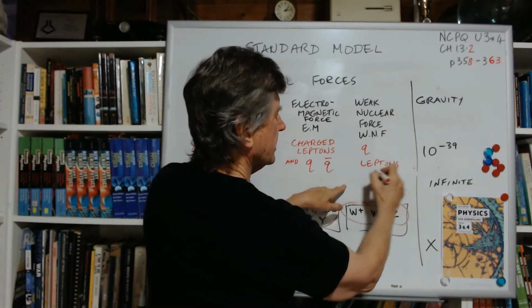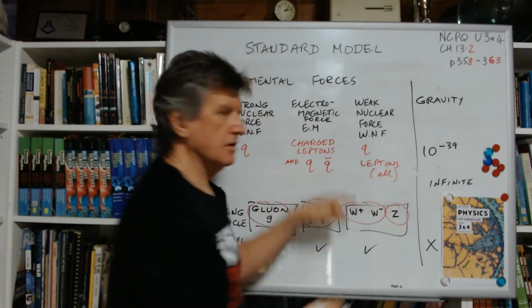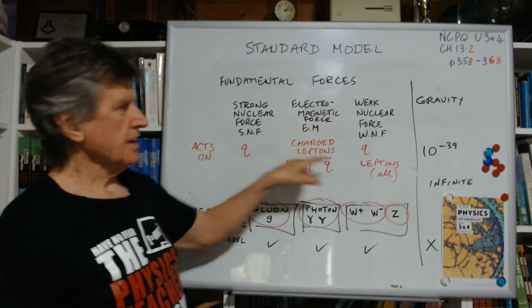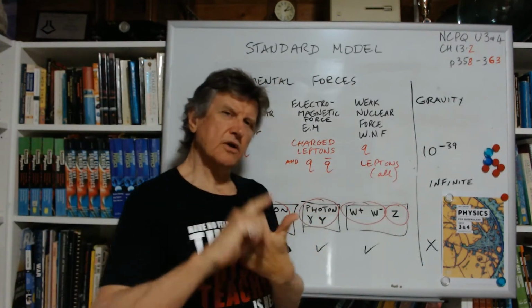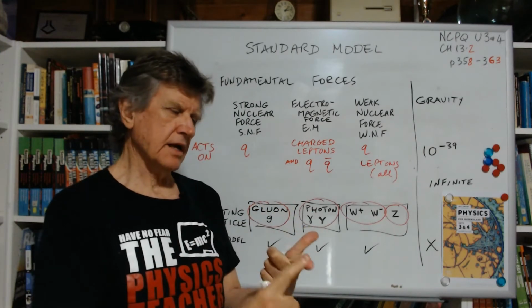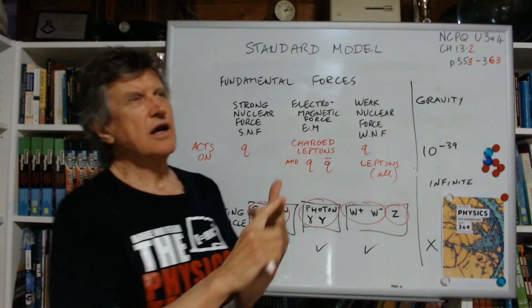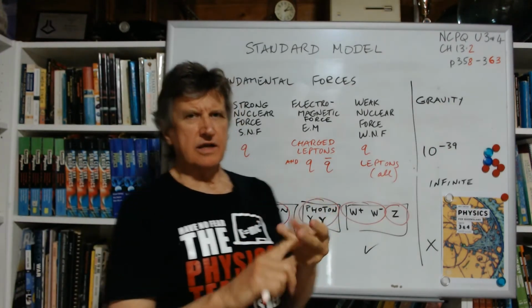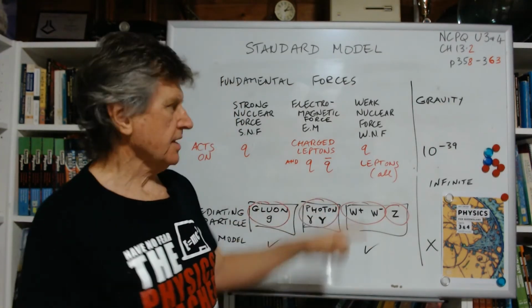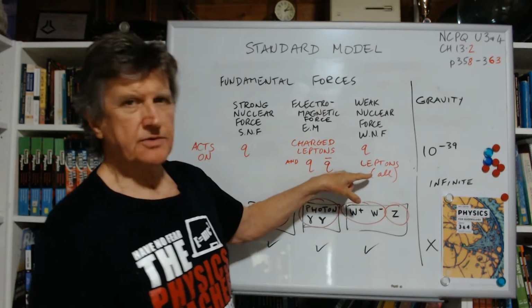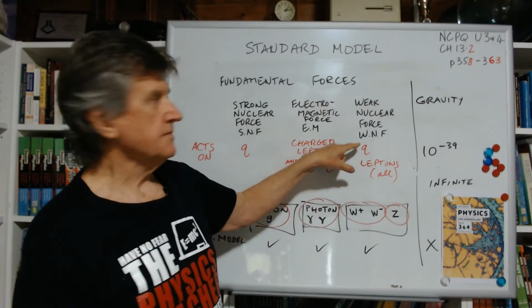Now that's all leptons, right? So not just the charged leptons, but all leptons. So it's not only the electron, muon and tau, but also the electron neutrino, muon neutrino and tau neutrino and their antiparticles. So all leptons and quarks.